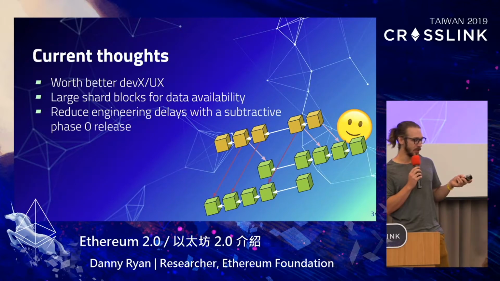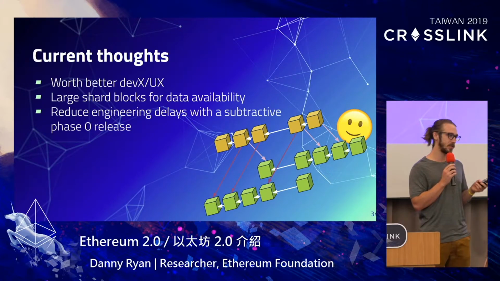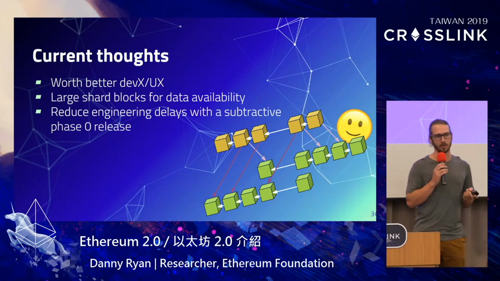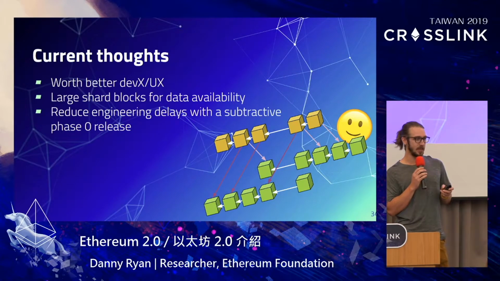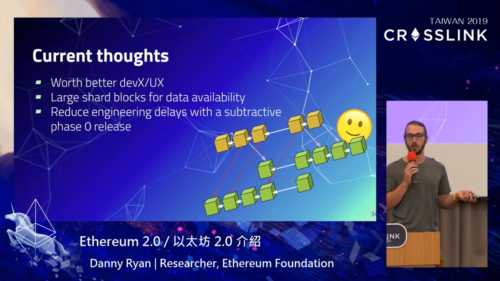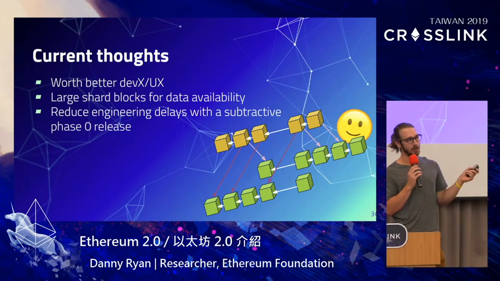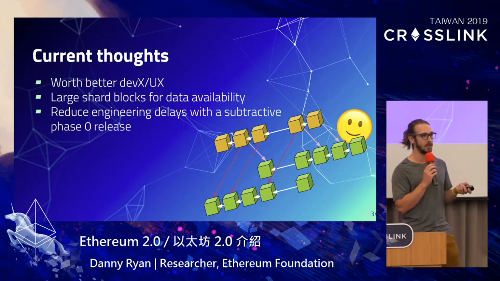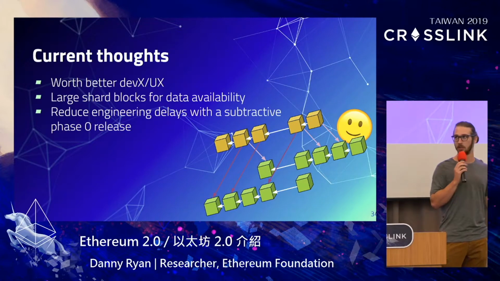Also, there's some recent research that Starkware did on large blocks, I think blocks of 512 kilobytes, testing large blocks on the Eth2 network. And the propagation times were very good and the uncle rate was very low. So we're pretty sure that we can have fewer shards but larger blocks to facilitate a similar amount of data availability to the original proposal when we had 1024 shards.